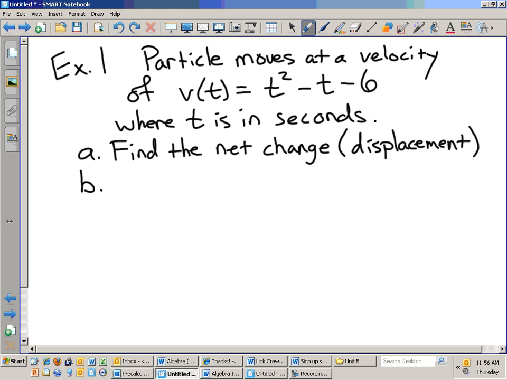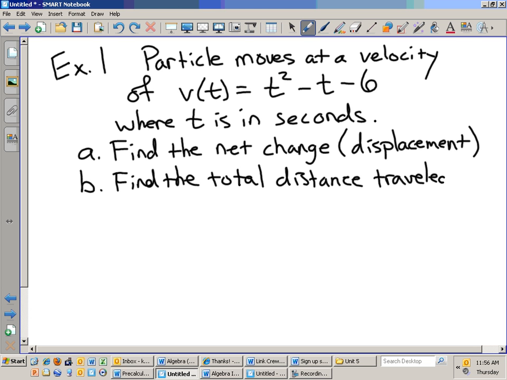B, find the total distance traveled. And we'll limit our interval from 1 to 4 seconds.